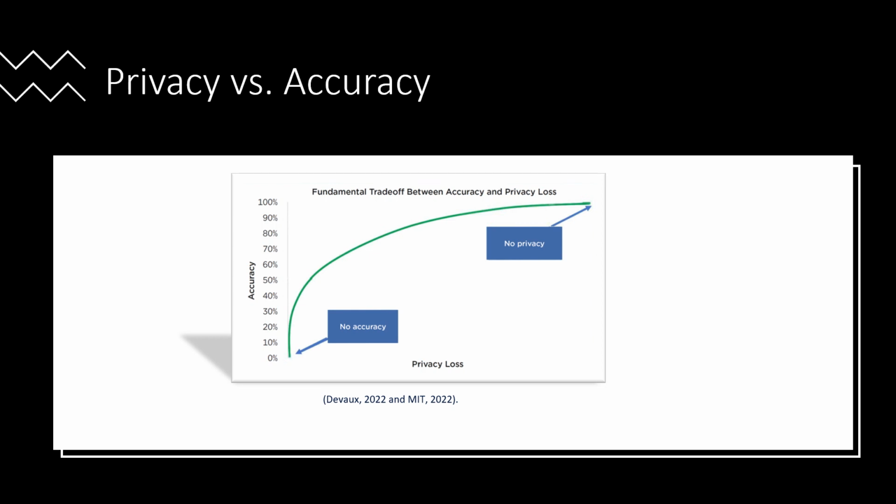On the flip side, if you add too much noise, you might end up with a count that's way off the mark, rendering your analysis practically useless. The key is to find that sweet spot where you've added enough noise to protect privacy, but not so much that you lose all semblance of accuracy.